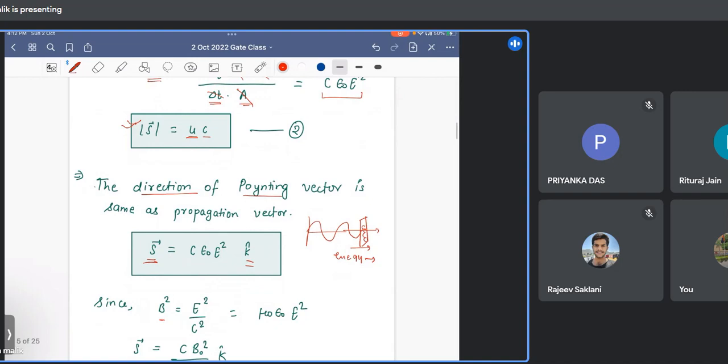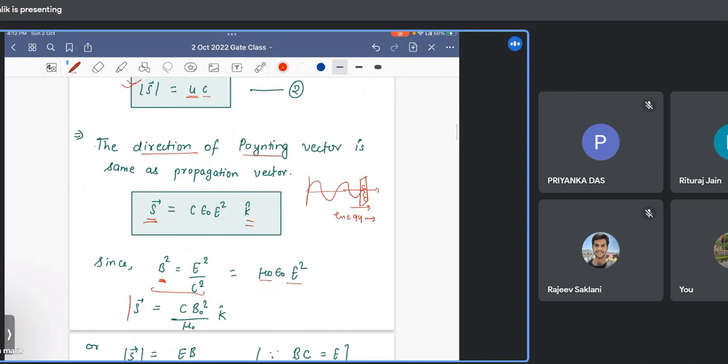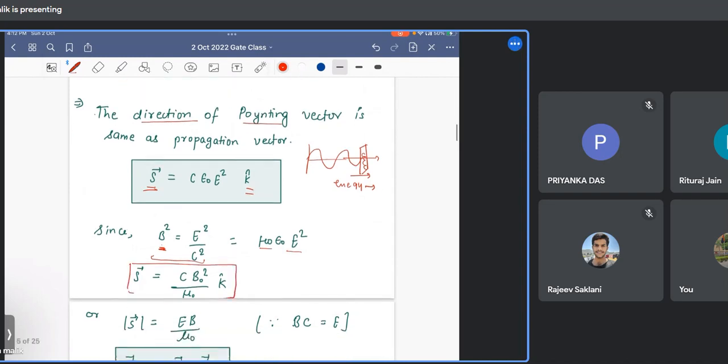And since the relation for an electromagnetic wave, B equals E by C, is valid, using this relation we can write B as epsilon naught mu naught E square. So the Poynting vector can also be written in terms of the magnetic field.